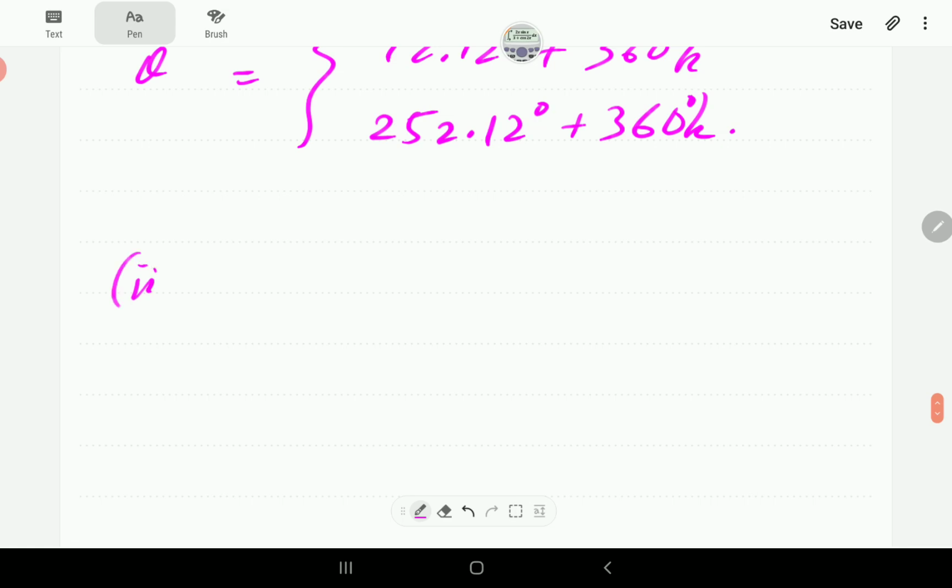Then the particular solution is just going to be 72.12 and 252.12.